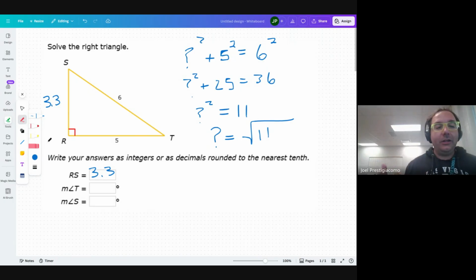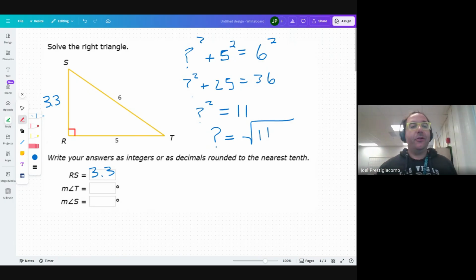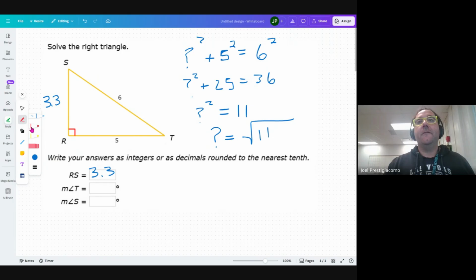Now, I don't want to use that number in any of my other calculations because I had to round it. So I'm just going to use the 6 and the 5 from here on out. Hopefully that makes sense to you, because again, if you use 3.3 in any of your calculations, it's going to be a little tricky because you're going to have to round, and you may round incorrectly. That could give you an incorrect answer.